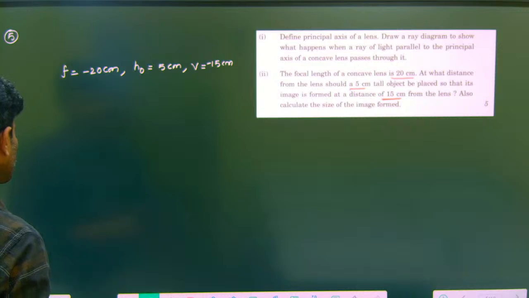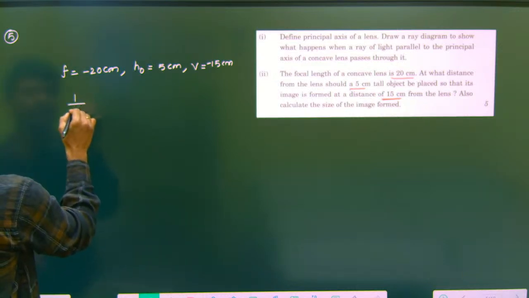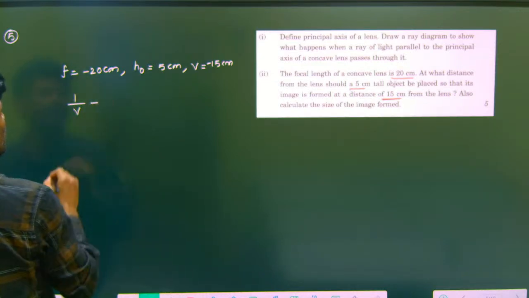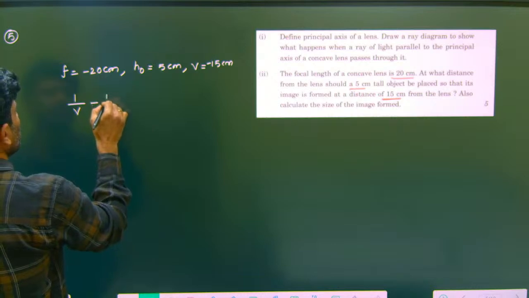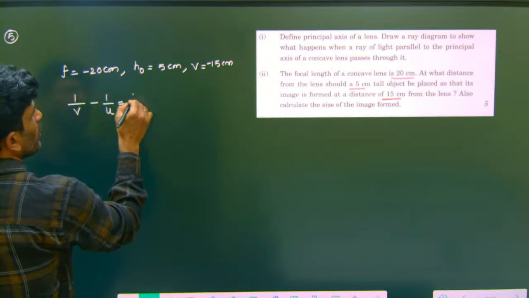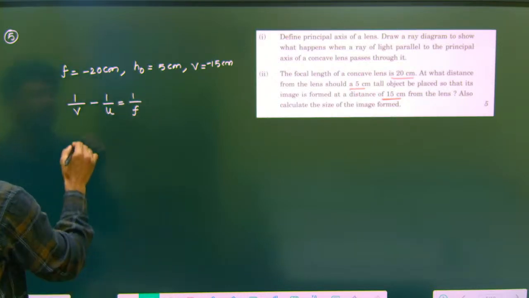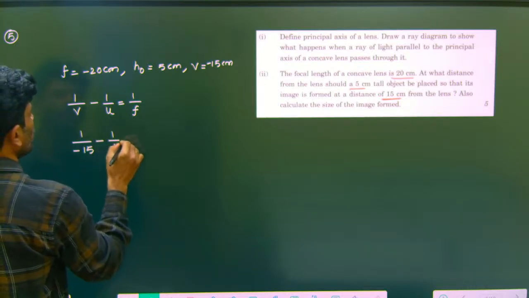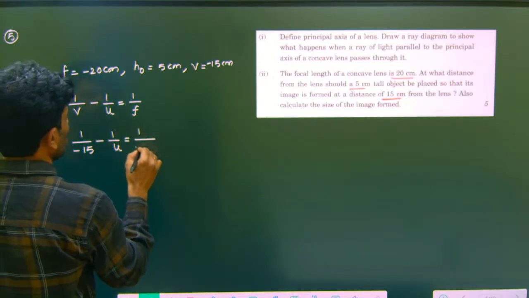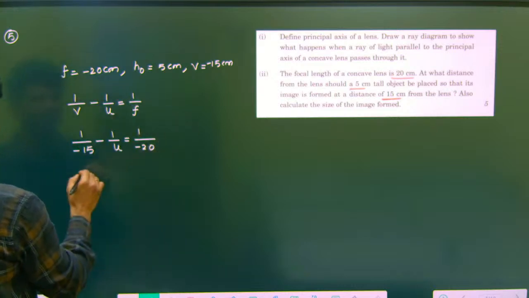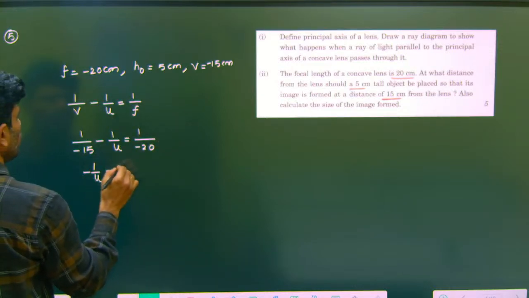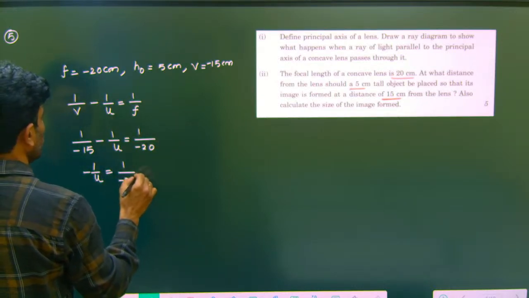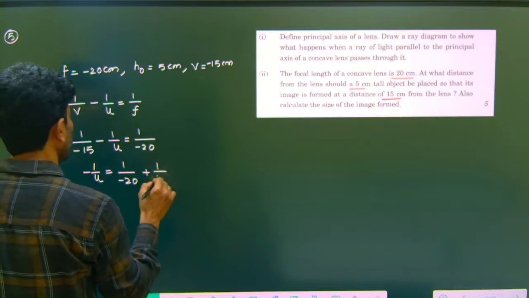Now formula: 1 by V minus 1 by U is equal to 1 by F. So 1 by minus 15 minus 1 by U is equal to 1 by minus 20. Transpose minus 15 that side: minus 1 by U is equal to 1 by minus 20 plus 1 by 15.